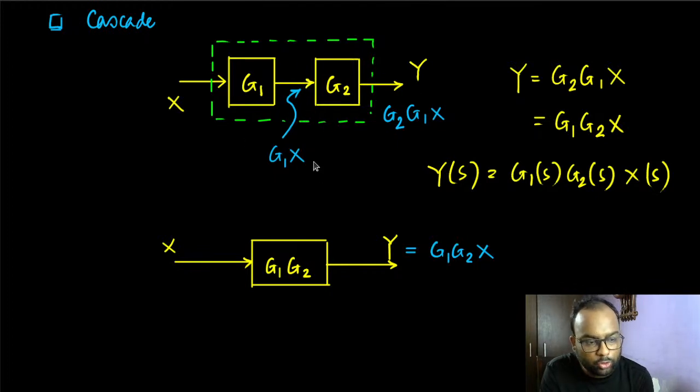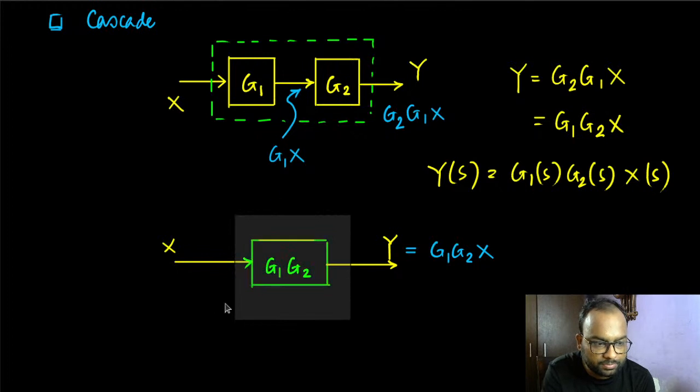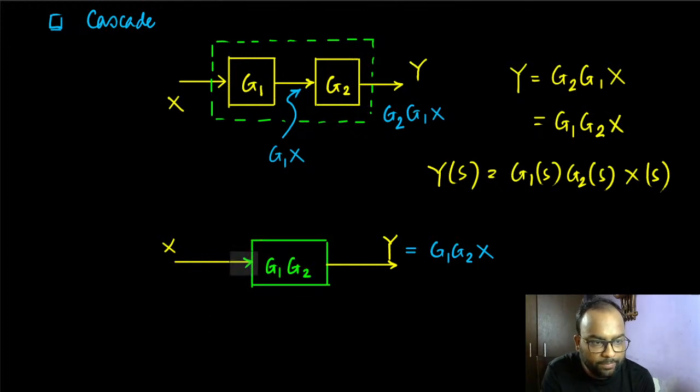So in this approach, we can say that these two blocks cascaded with each other appear to work like a single block that has a transfer function g1 times g2. So these two cascaded appear to have the same functionality as far as the input and output are concerned. We call it an equivalent representation.